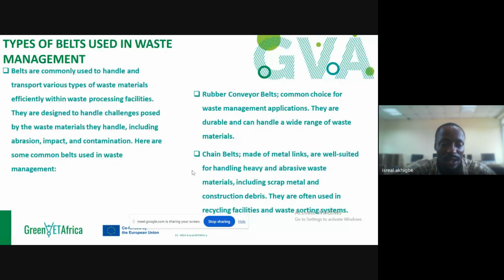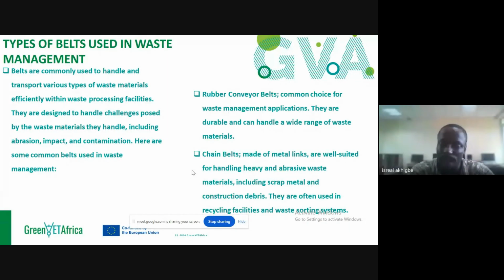So abrasion in this case means the waste material has a tendency to peel the belt, because belts are made of rubber-like material. So belts are designed to withstand these challenges: abrasion, impact, and contamination. Here are some common belts used in waste management. Number one is the rubber conveyor belt.